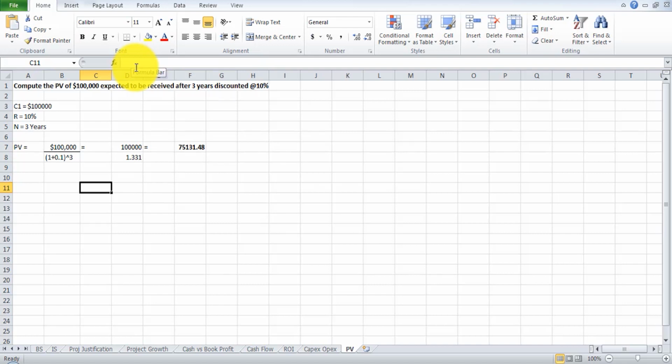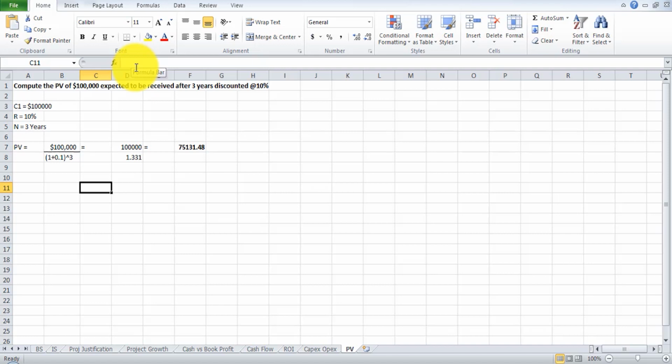So you know that you have $75,131 in hand today. What will its future value be based on a 10% earning rate in the next 3 years? It goes the reverse way. You can say that the future value of $75,131 today will be $100,000 3 years from now, at a 10% rate, that is an earning of 10% income on this $75,131.